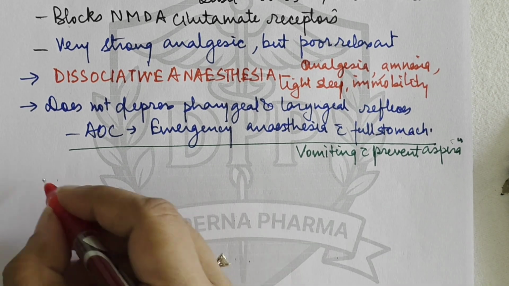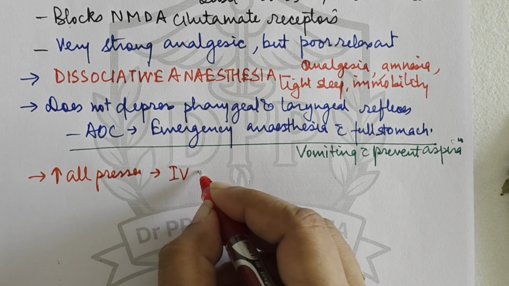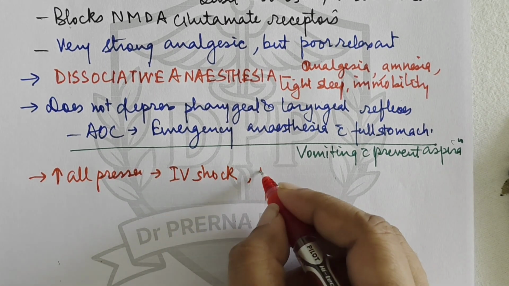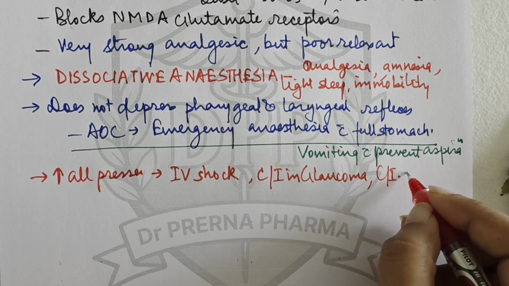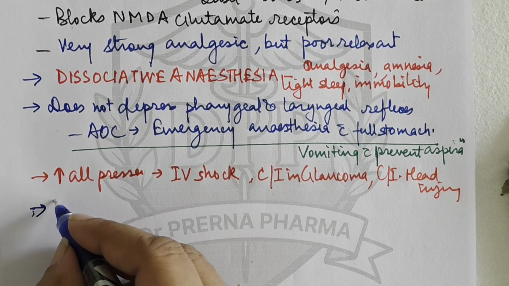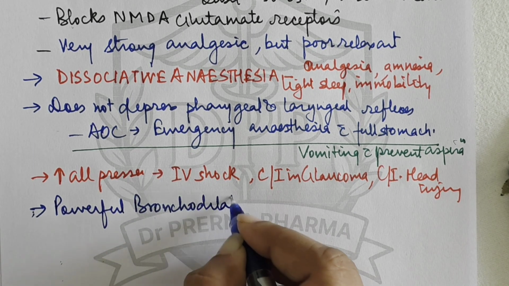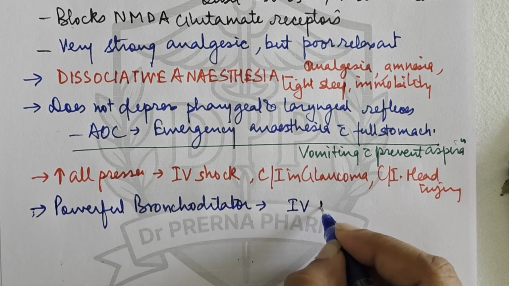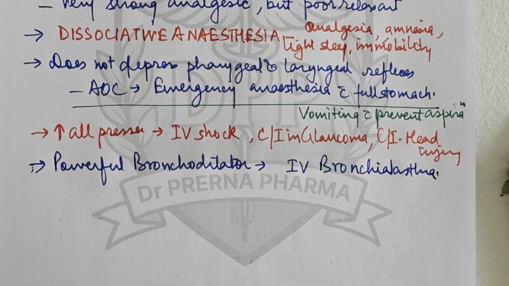Okay, then this drug increases all pressures, so it is the IV agent of choice in shock because it increases the blood pressure. Then it is contraindicated in glaucoma, and it is contraindicated in head injury, right, because it increases all the pressures. Then it is a powerful bronchodilator, so it is the IV agent of choice in bronchial asthma, right?